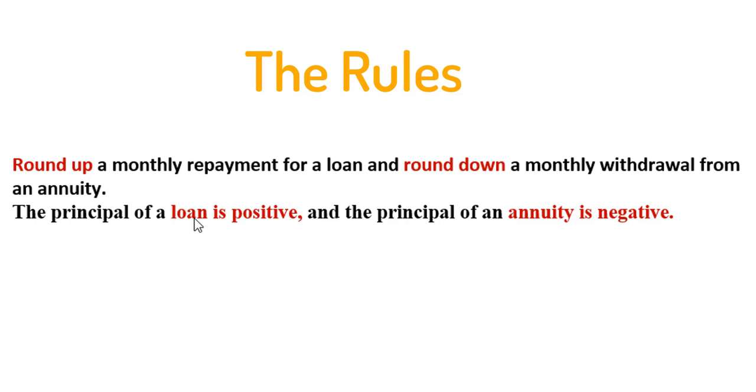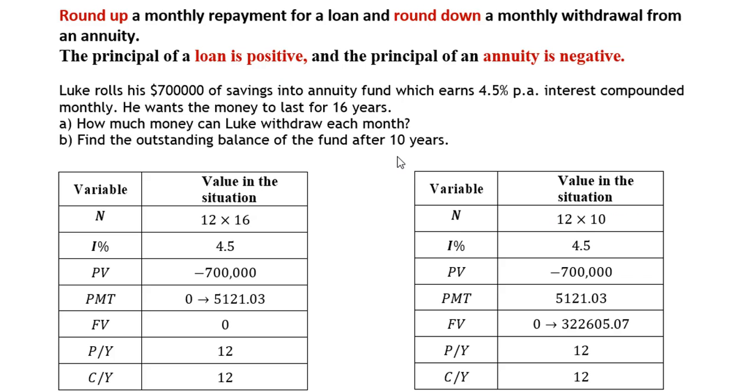The principal of a loan is positive because this is the money you received. The principal of an annuity is negative because you give this money to the bank first. Then you withdraw some money monthly from the bank. Now let's go to the last question.